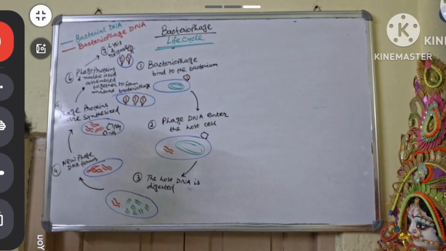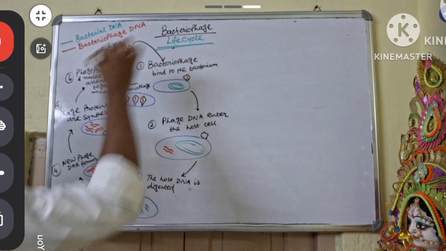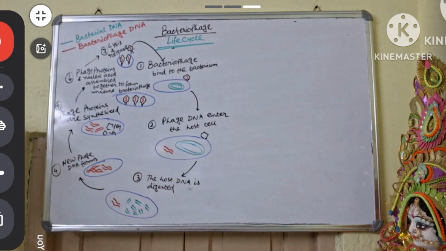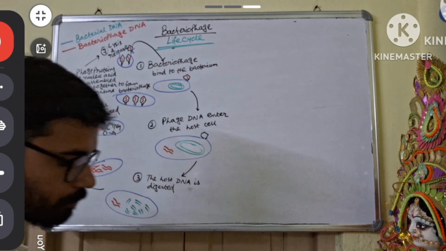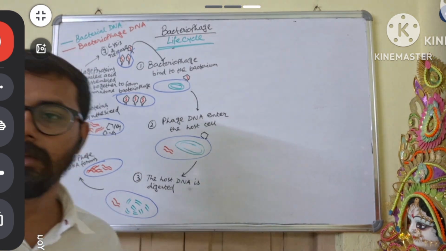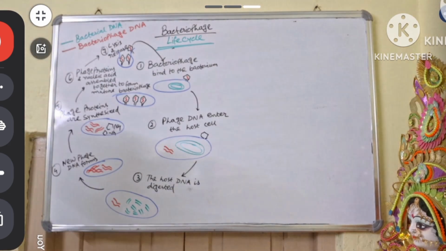These bacteriophages start the beginning of a new cycle. Every bacteriophage now starts to attach to a fresh bacterium, and the lytic cycle begins. Next round. So this is known as the lytic cycle.